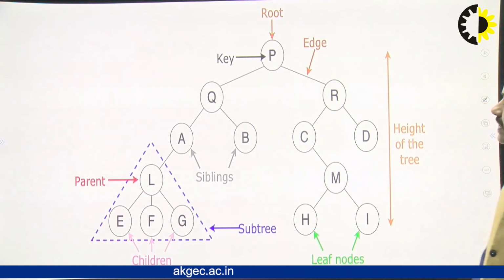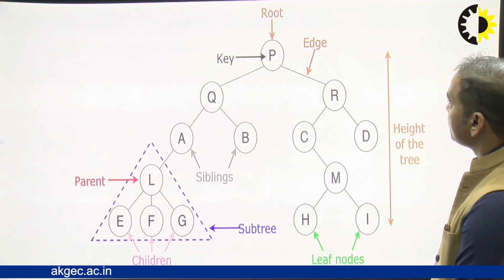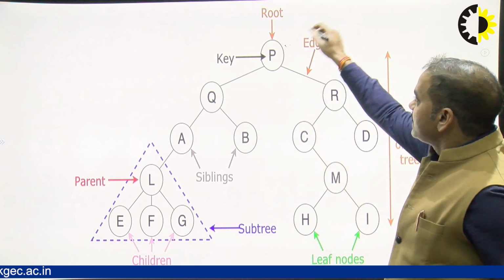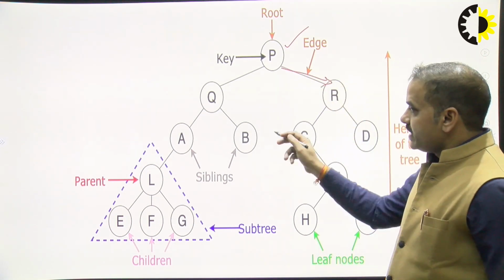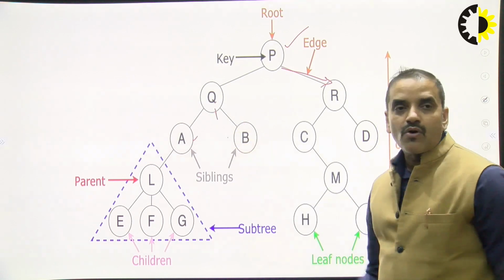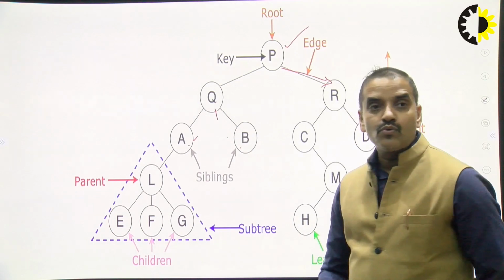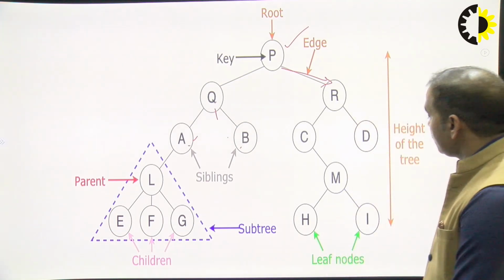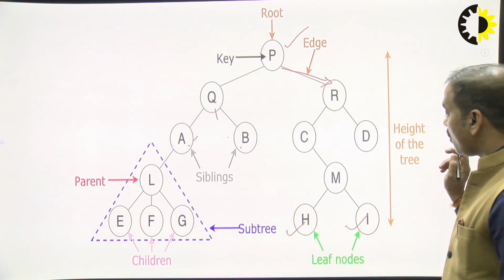This is a type of tree in which we have discussed all the basic concepts of the tree. This first node is called root. The connection is called edge. Here the nodes having the same parent are called siblings. Here A and B have the same parent Q, so A and B are called siblings. The node having no child is called a leaf node.